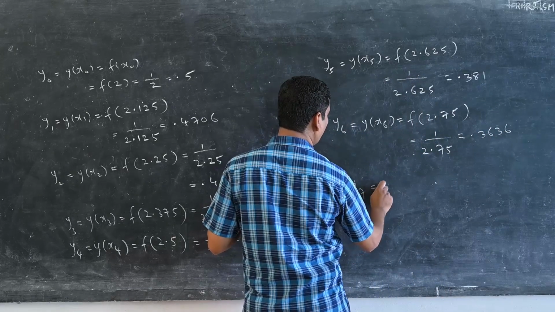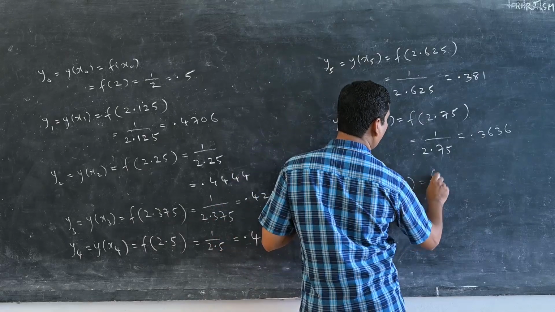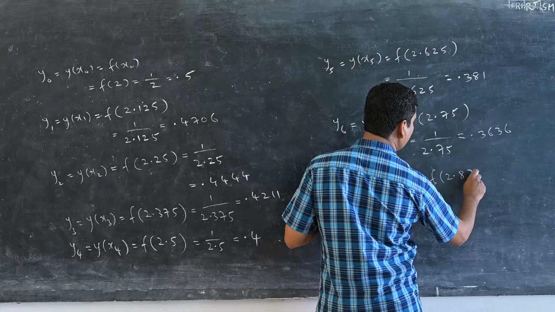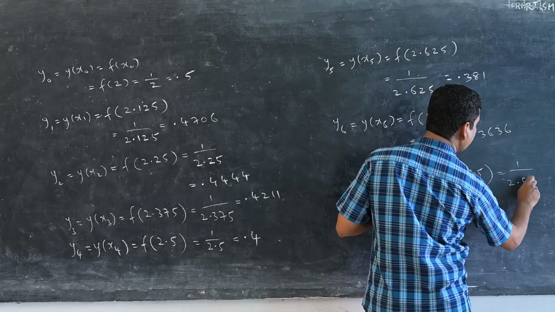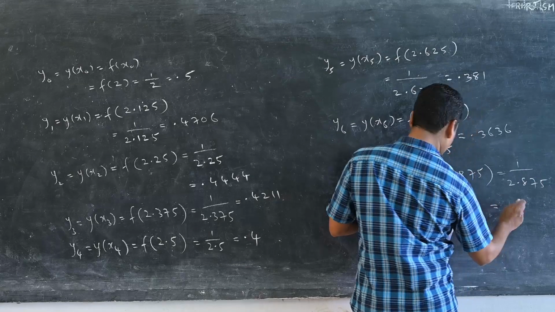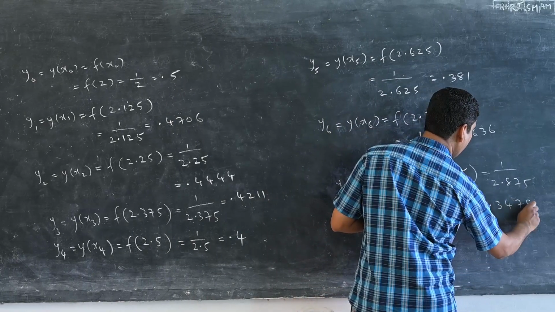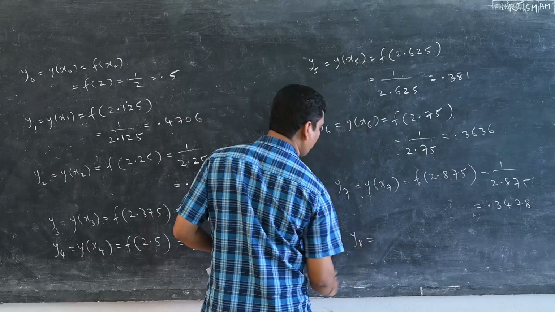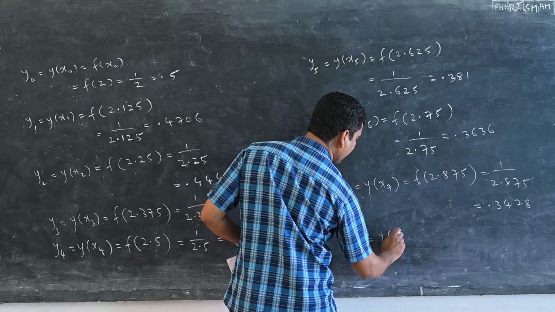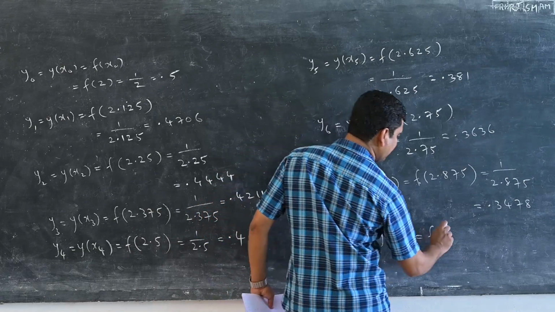y7 is equal to y of x7. It is f of 2.875. 1 by 2.875 is 0.3478. y8 is equal to y of x8. f of x8 is equal to 3.